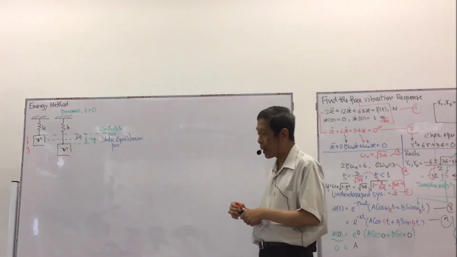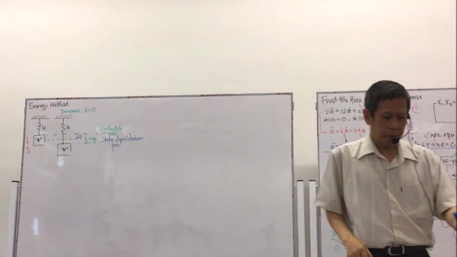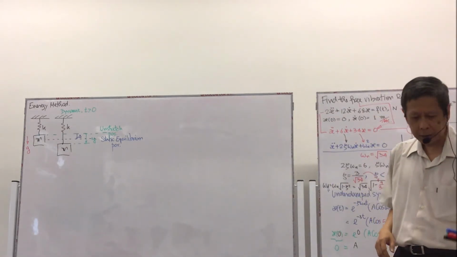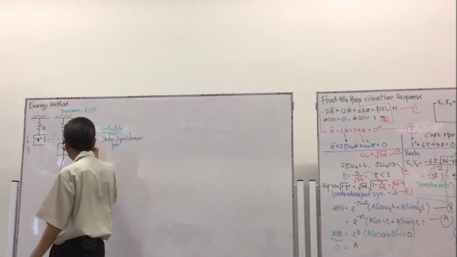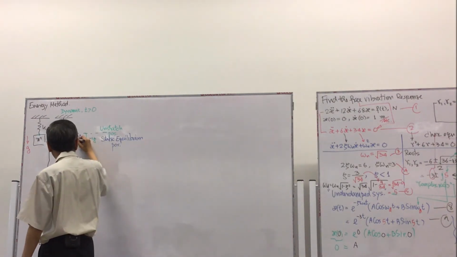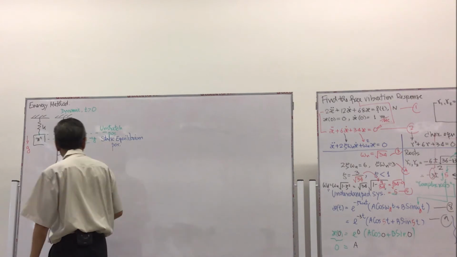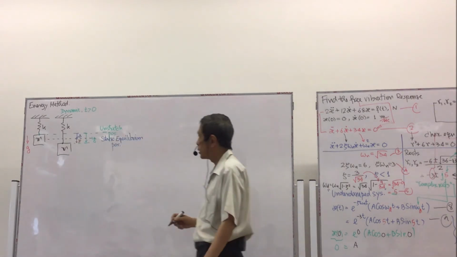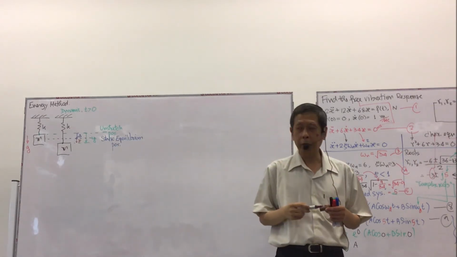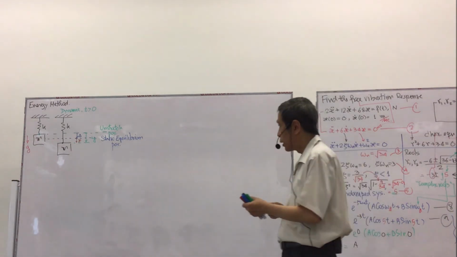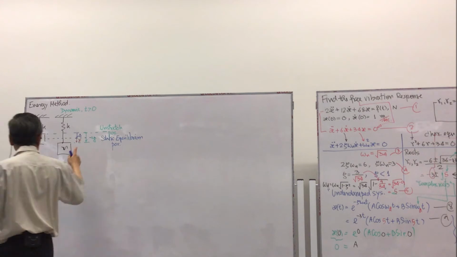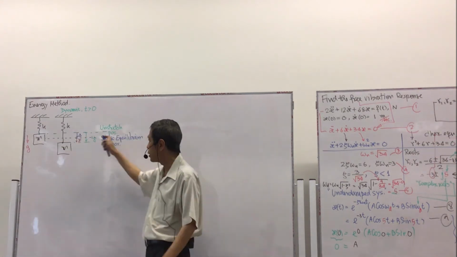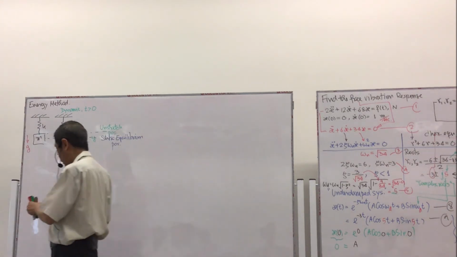As I showed you before from the last lecture, from the Newton method, we can use another coordinate x, with respect to the equilibrium position, as I indicate here. Delta is the static deflection. I think you know about that.